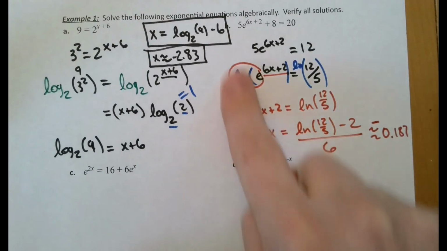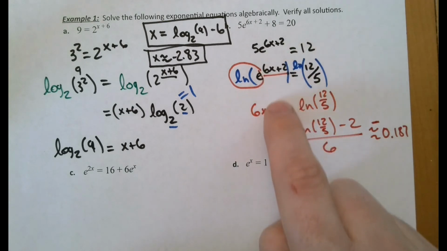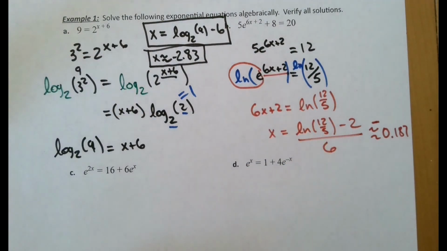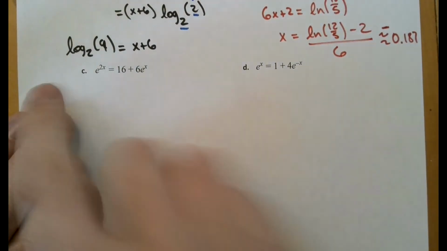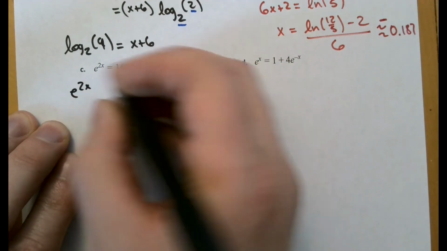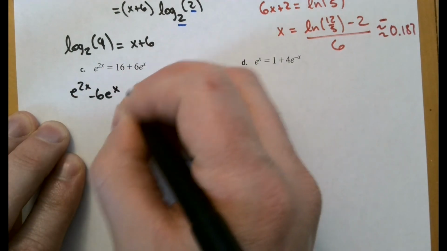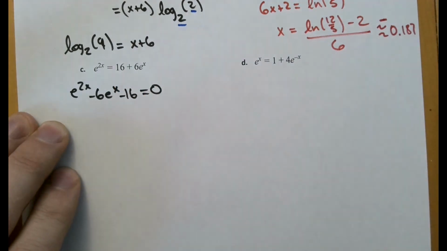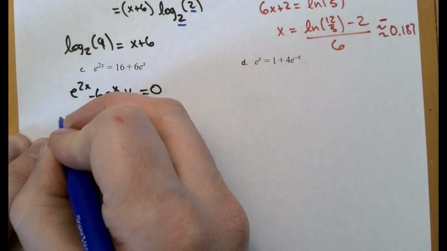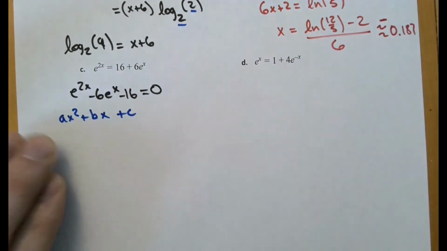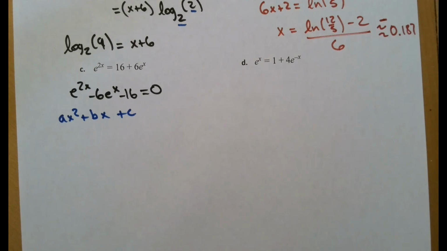So we're not going to be able to do what we did up here where we have some base equals some other base with various exponents and used our logarithms to eliminate the exponents. So first what we'll do is we'll get this thing equal to 0, and I want you to note something. So I'm subtracting 6e to the x and 16, it equals 0. Doesn't this look suspiciously similar to ax squared plus bx plus c, meaning the quadratic form?